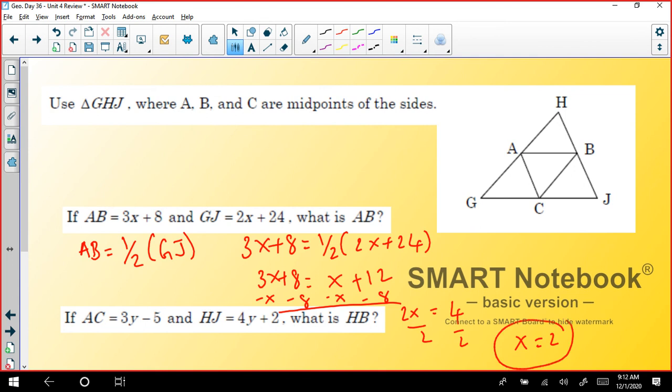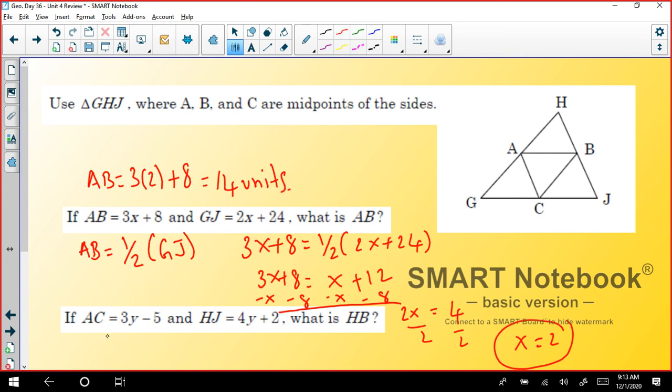Right? This is the value of x. But we are not just interested in x, we want the value of AB. AB equals 3 times 2 plus 8, substituting x as 2. 3 times 2 is 6, 6 plus 8 is 14. So you say 14 units.